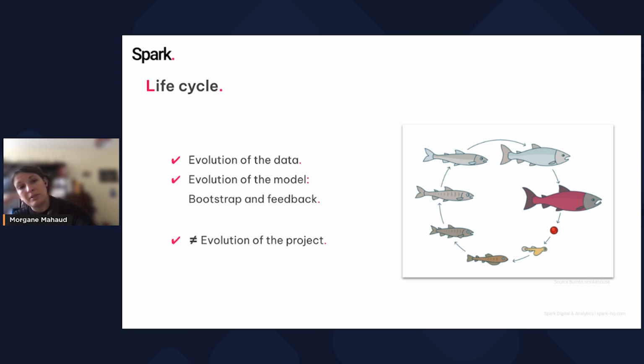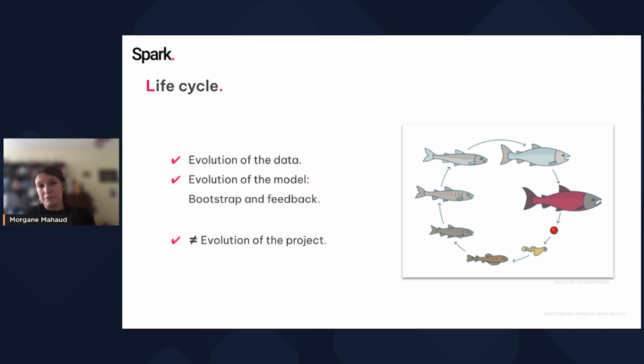What I mean by Bootstrap, with the letter L for life cycle, is that you have to take into consideration that the data you have available and the data that will be available change over time. So you have to consider the start of the project, where you will have to make do with the data you have in hand, and the continuation of the project, where you will have incoming data coming back and improving the model, hopefully.